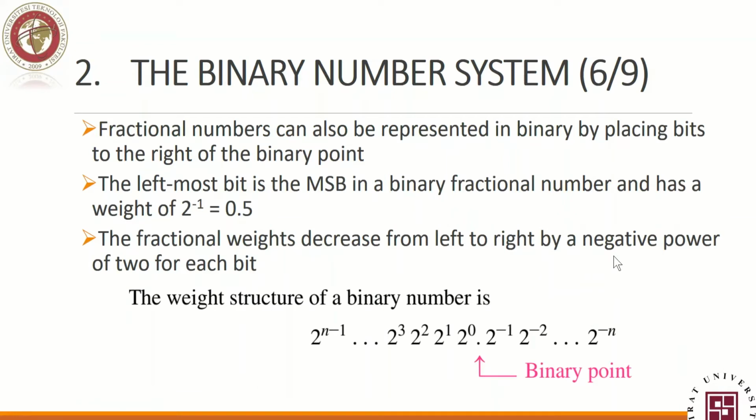Now, similar to what we explained in decimal systems, if we have a binary number with a point, which is possible, we have to go in reverse with the positional weight. Here we start 2 to 0, 2 to 1, and it increases while we go left. Here, what happens? We start with 2 to minus 1, and it decreases while we go to the right. So the further we go to the right, the more the power decreases.